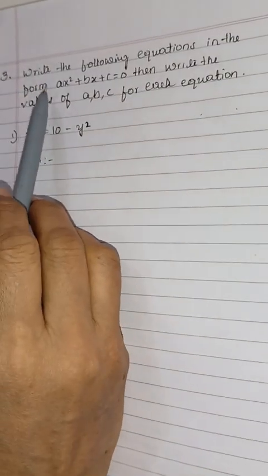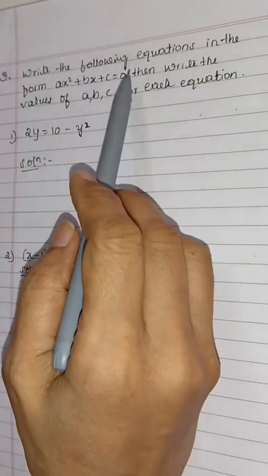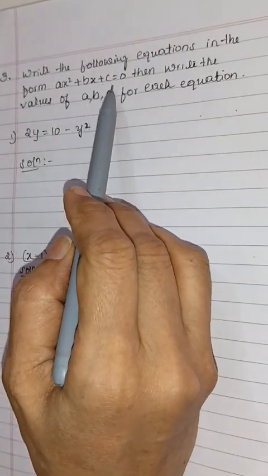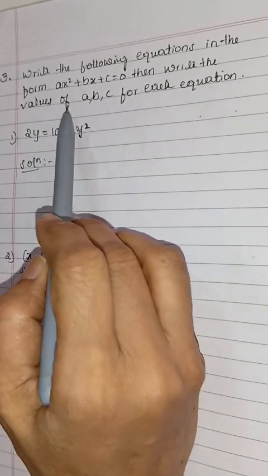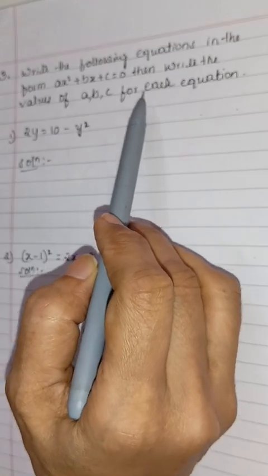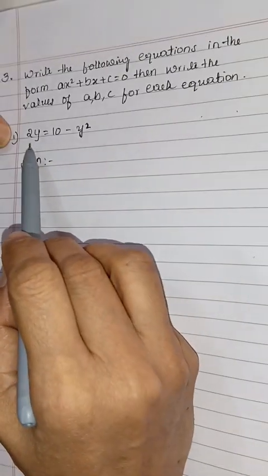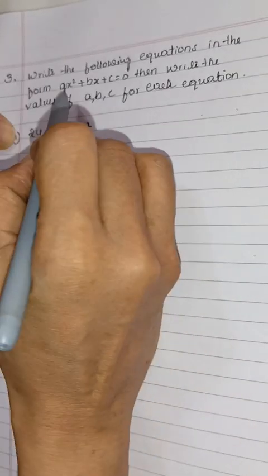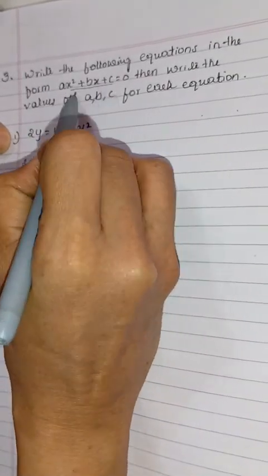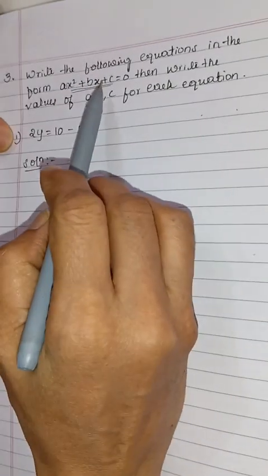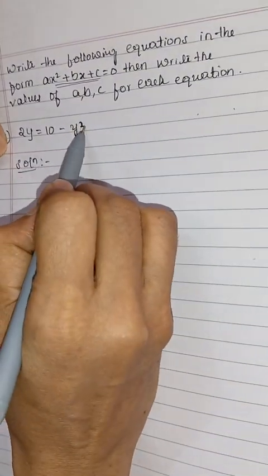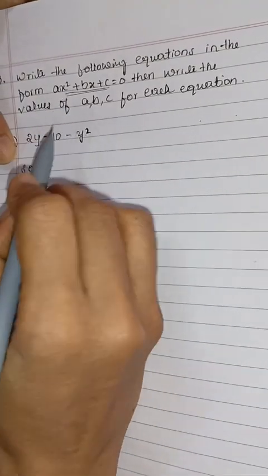Third one is: write the following equations in the form of ax square plus bx plus c equal to 0. Then write the values of a, b, c for each equation. First one is 2y equal to 10 minus y square. This is the general or standard form of a quadratic equation. So first we have to write the given equation in this form.